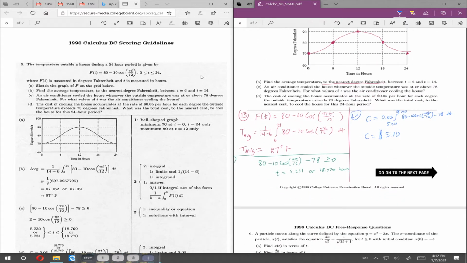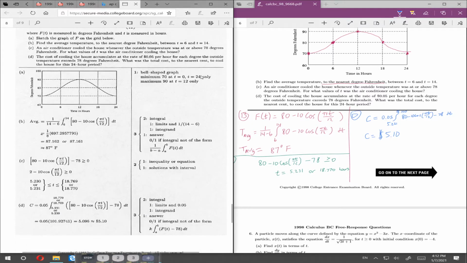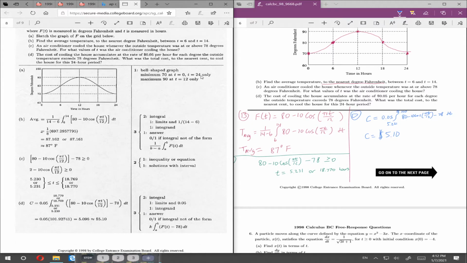B, integral: 1 point for the limits, 14 minus 6. Okay, that was good. 1 point for the integrand of 80 minus 10 cosine pi t over 12. That was good as well. 1 point for answer of 87. 1 point for inequality or equation for part C. Okay, we've got that. And 1 point for solutions with an interval.